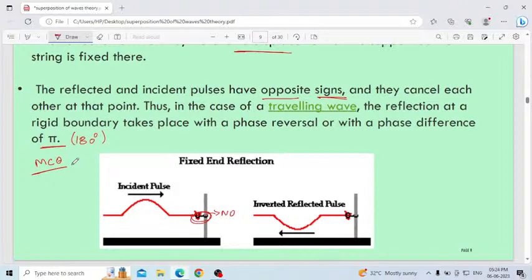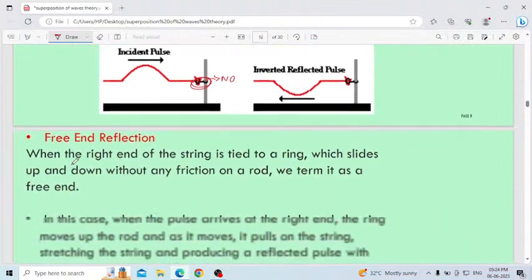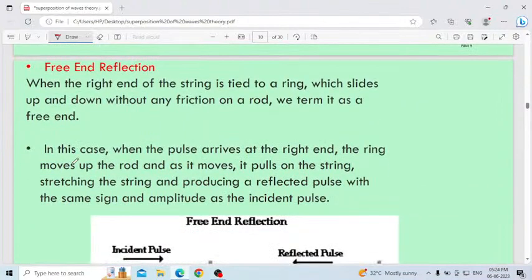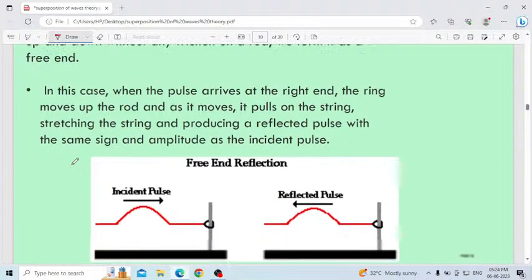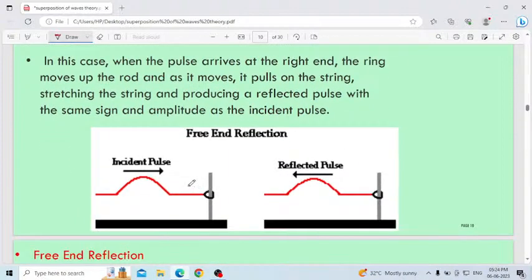Coming to the next one, free end reflection. The name itself is indicating free end reflection. What is meant by free end? Here you can see this thread is tied here. Consider this is a wall. This is the free end.